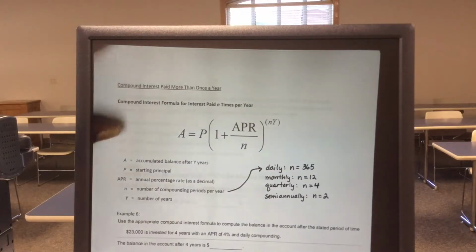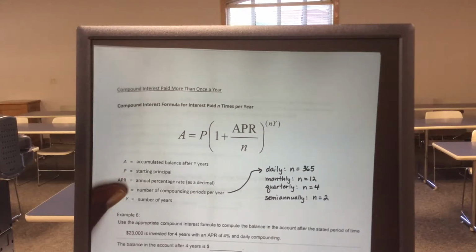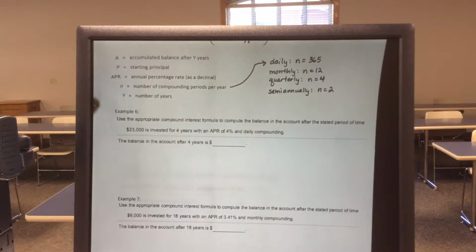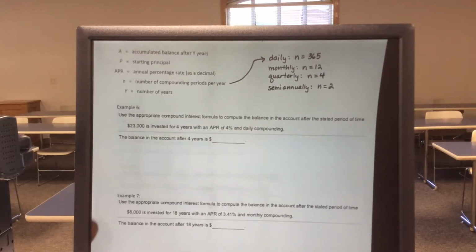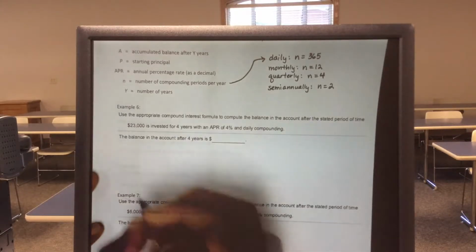Now let's look at example 6 that uses compounding paid more than once a year. Here we've got $23,000 invested for 4 years with an APR of 4%, and it is compounded daily. So we want to find out what the balance in the account is after 4 years.